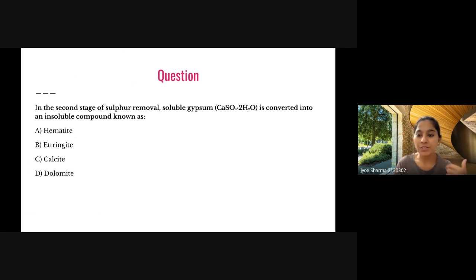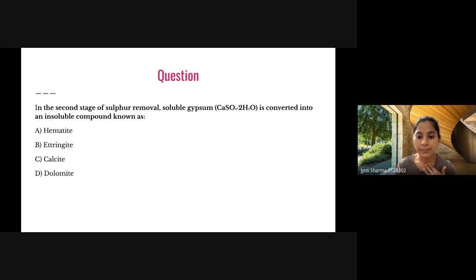In the first step, gypsum is formed, right? And that gypsum we have to convert into some insoluble compound. And what is that compound? Dia gave me a B answer. Yes, Venkatesh Rao also. So yes, B is ettringite.